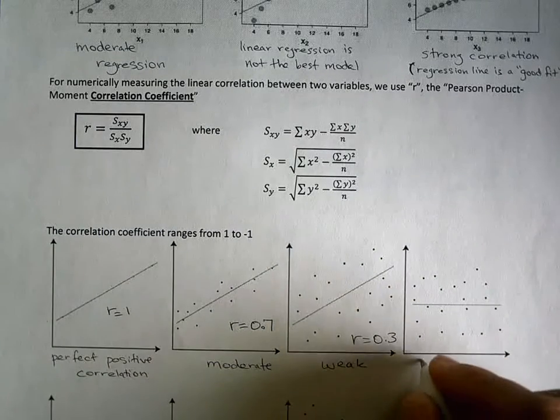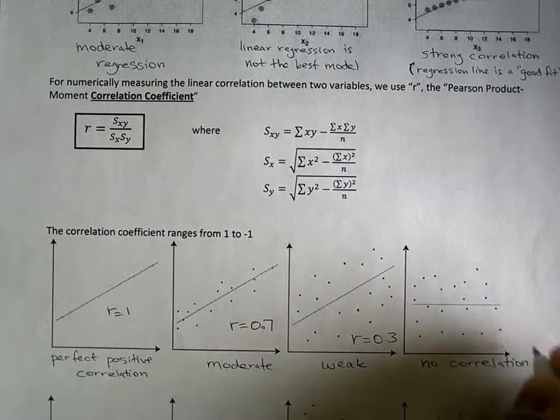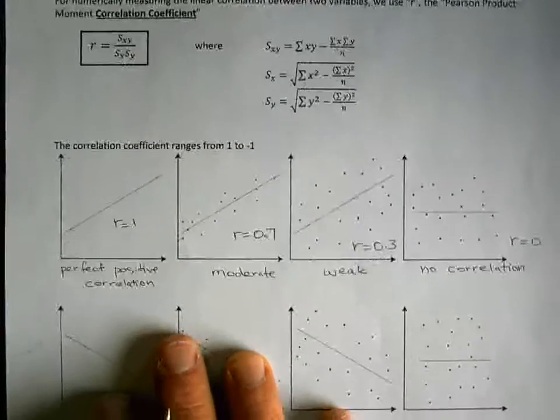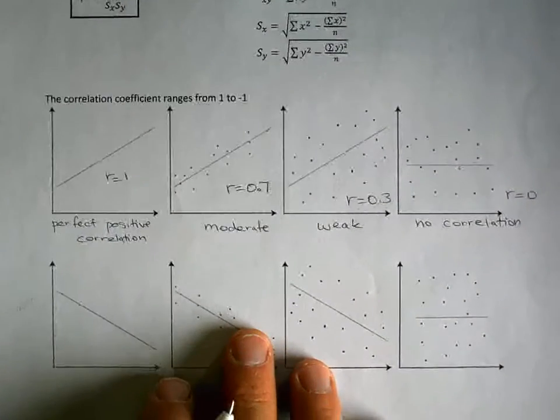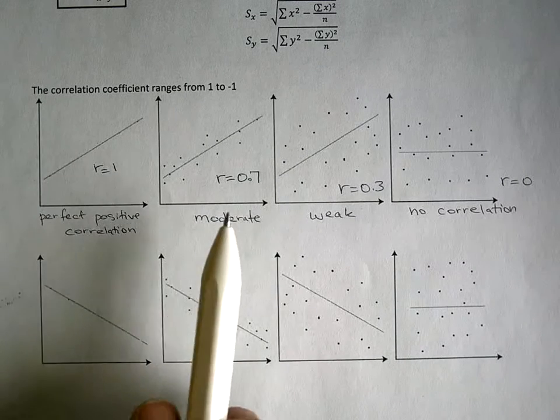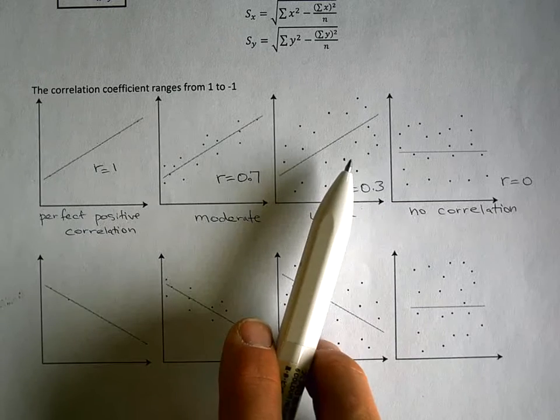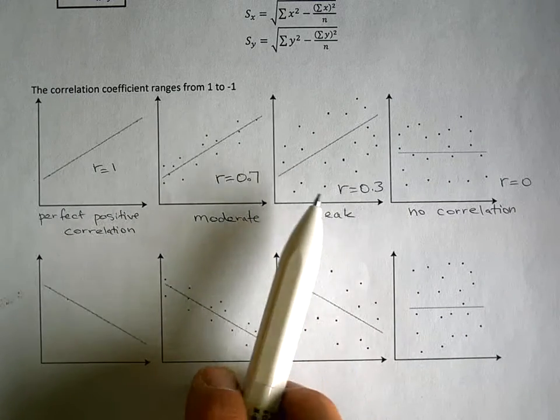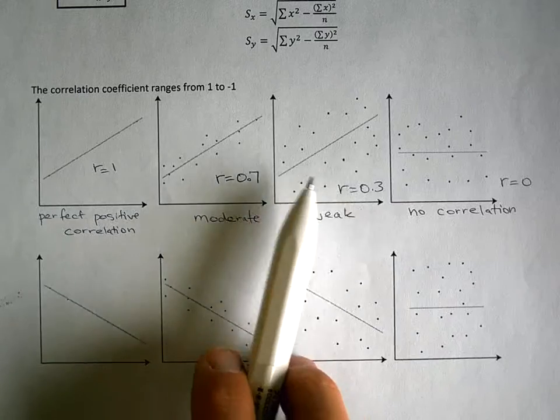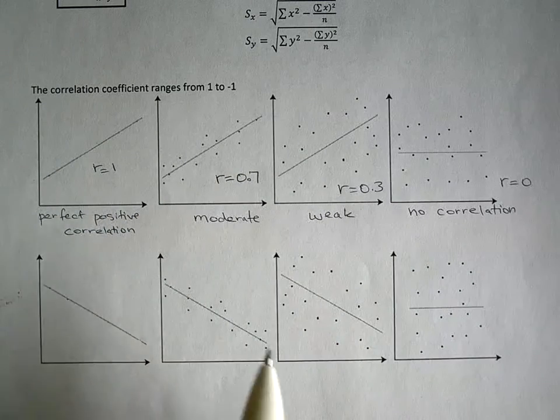And then down here we have no correlation at all. There's no link. Now, this is useful if you're looking at a study, say the effectiveness of a vaccine in stopping coronavirus. You want to see that the vaccine has a strong correlation to protection from the coronavirus. If your whole study is weak, so there is a correlation, but it's weak, you might not want to trust that study as much as one that has a stronger correlation.